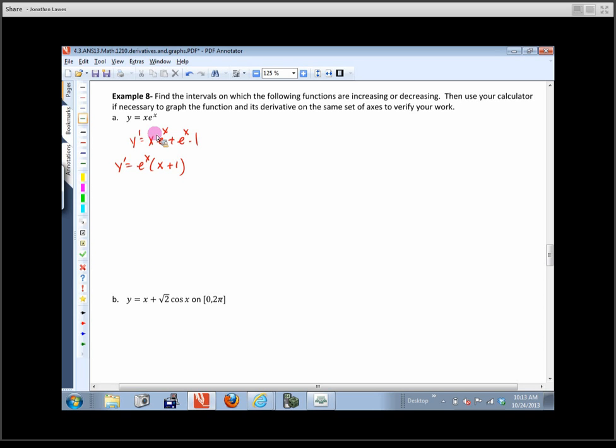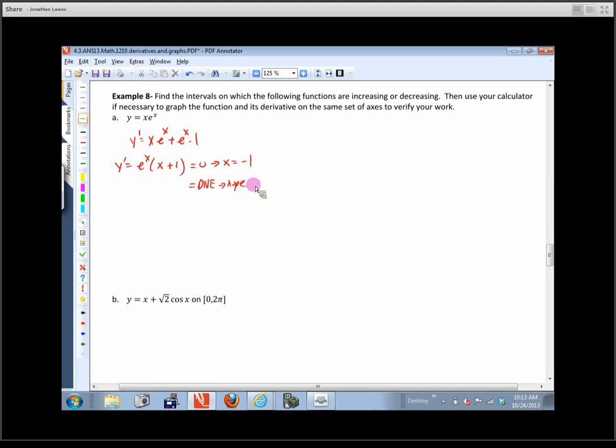No even roots, no logarithms, and no division or anything. So we want to know where this equals 0 or where this does not exist. Well, it equals 0 at x equals -1. And is there anywhere where it doesn't exist? Nope, not a single place.